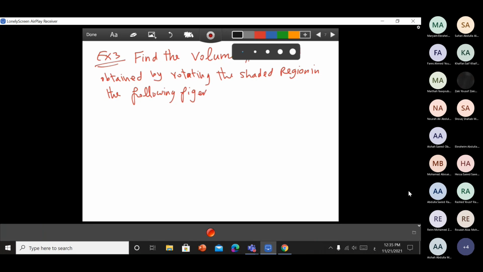Okay, here is the figure. Here is the curve.